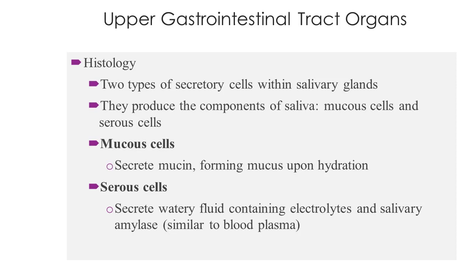Serous are said to be watery secretions, where these are fat secretions, but you're producing a lot of enzymes with our serous cells. So mucus cells, yep, they make mucin. When you wet it, it becomes mucus. And when we get to our serous cells, they are going to produce this hydrated fluid. It's going to have electrolytes in it as well, but this is the big one, an enzyme.